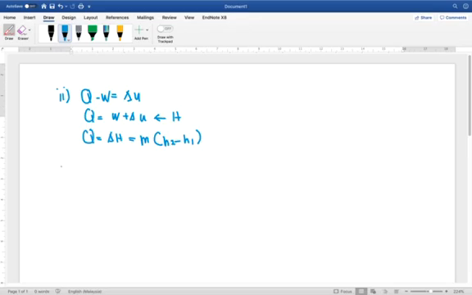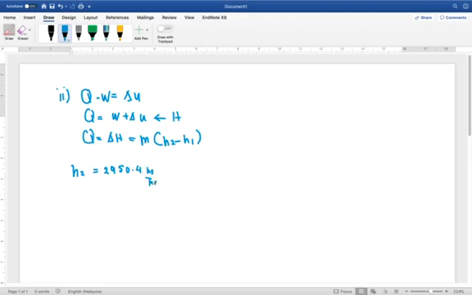For H2, we know state 2 is superheated, so we find H2 at table A6 at pressure of 0.8 megapascal and temperature of 250 degrees Celsius. From that table, I get H2 as 2950.4 kilojoule per kg.